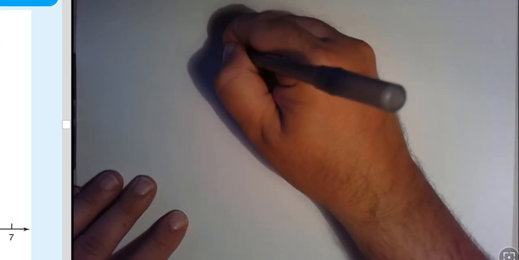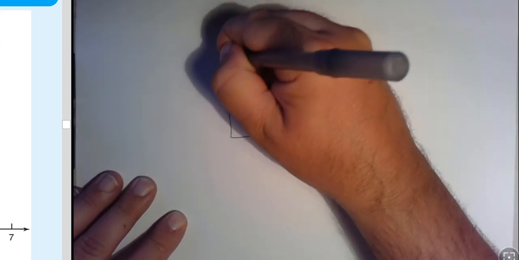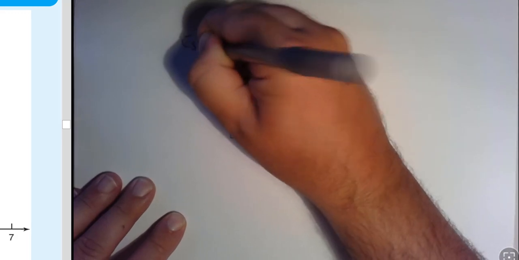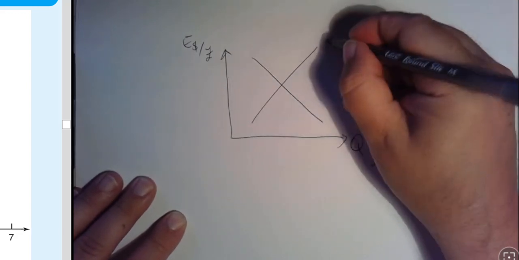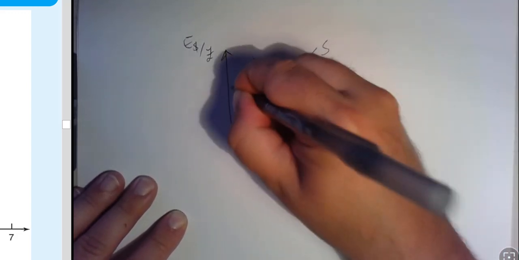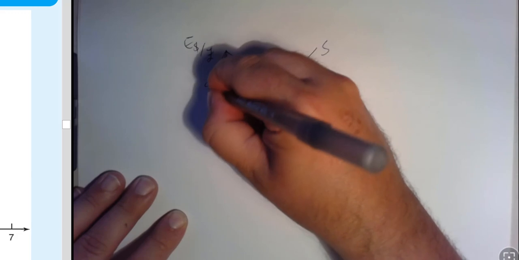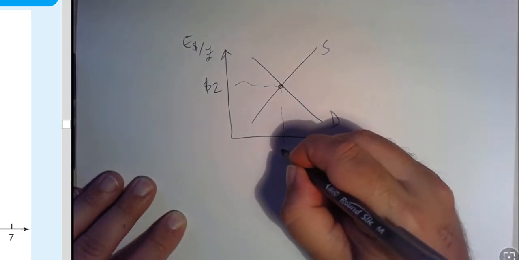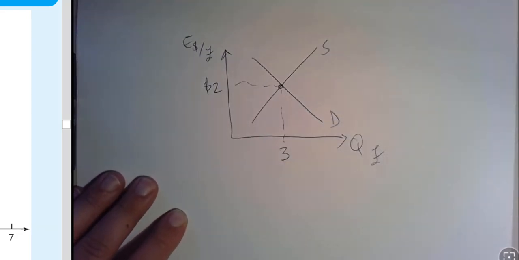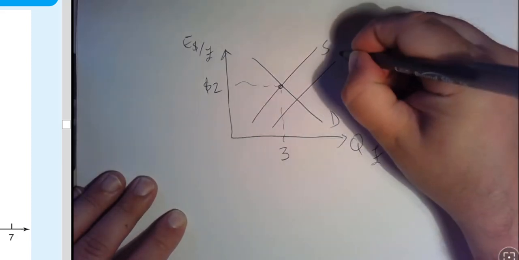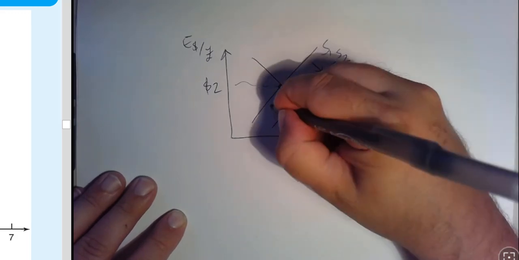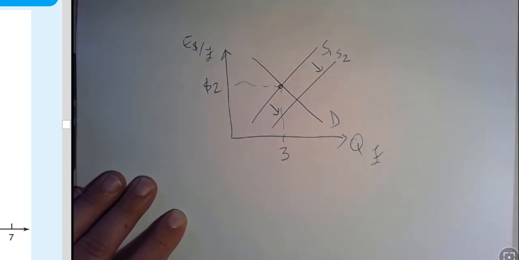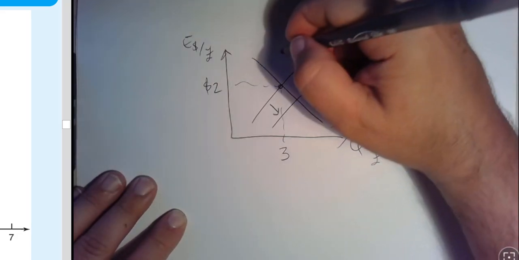Now, what if both curves move simultaneously? So $2 and £3 billion being exchanged. So let's say that we have a case that the supply increases from S1 to S2 and the demand increases as well.